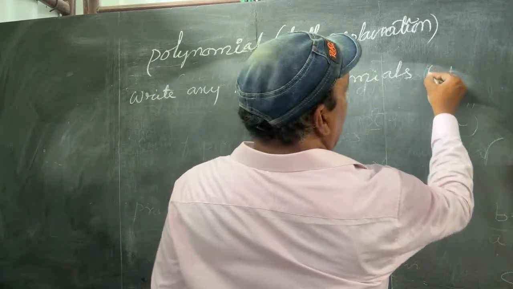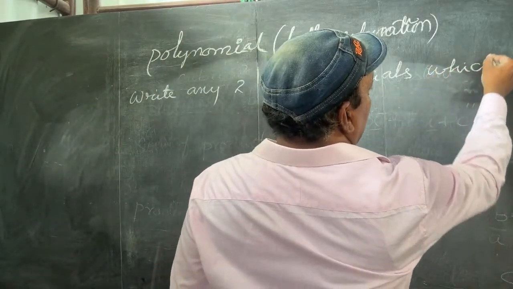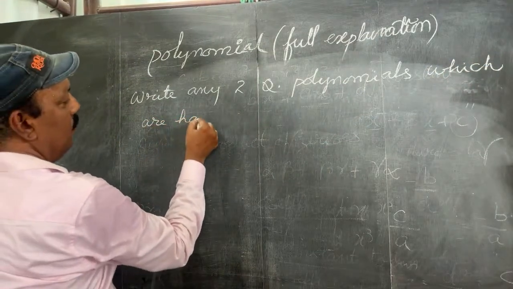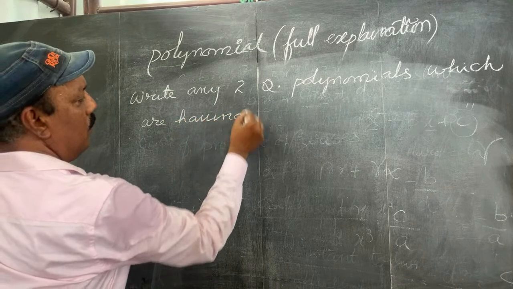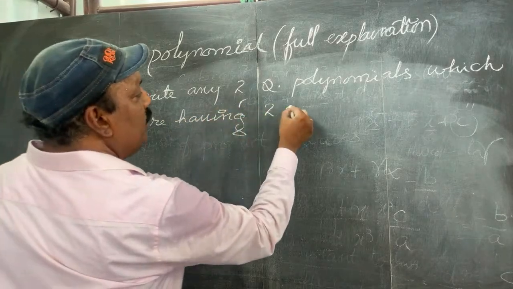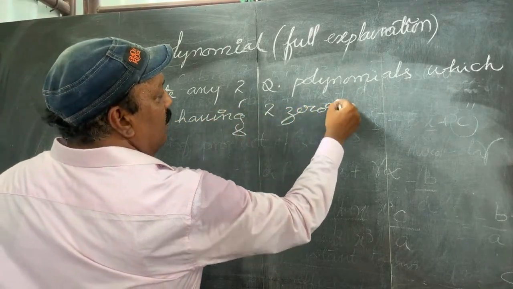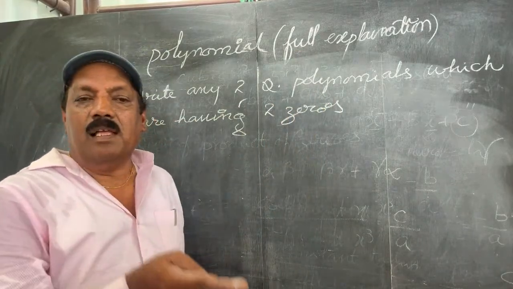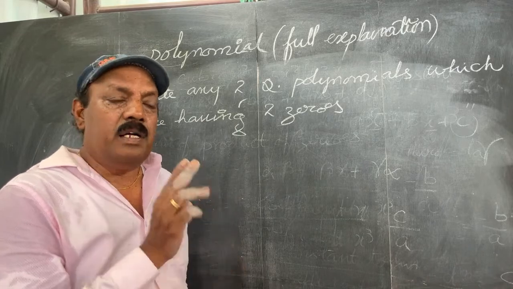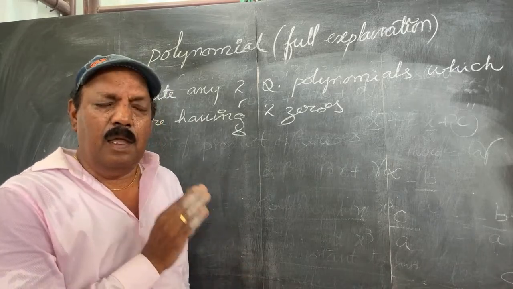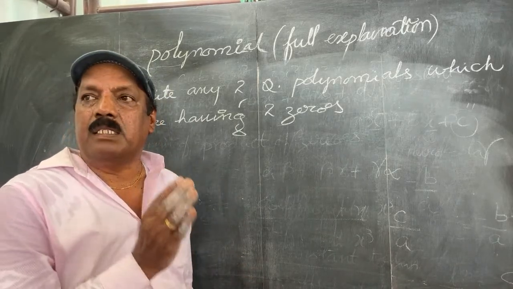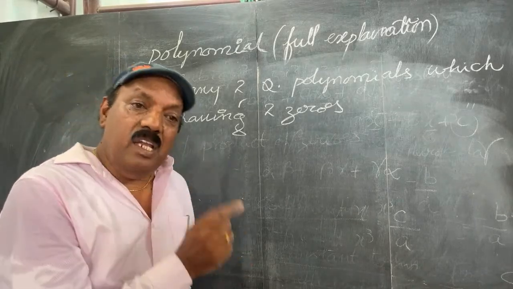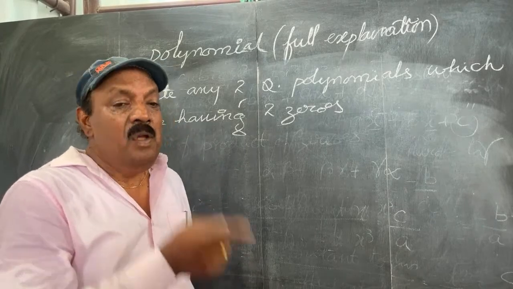Write any quadratic polynomial which has two zeros. Some quadratic polynomials have one zero. Generally, about 90% of quadratic polynomials have two zeros, but on some occasions a quadratic polynomial has one zero.